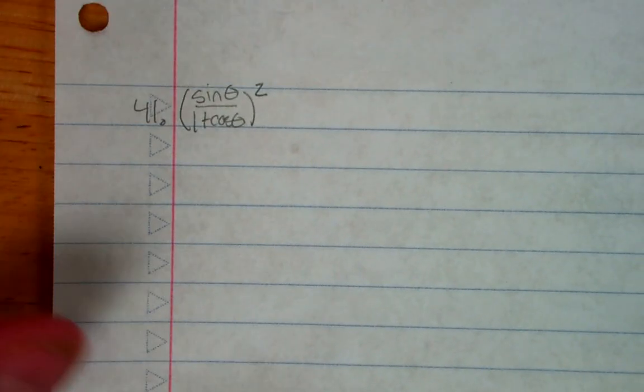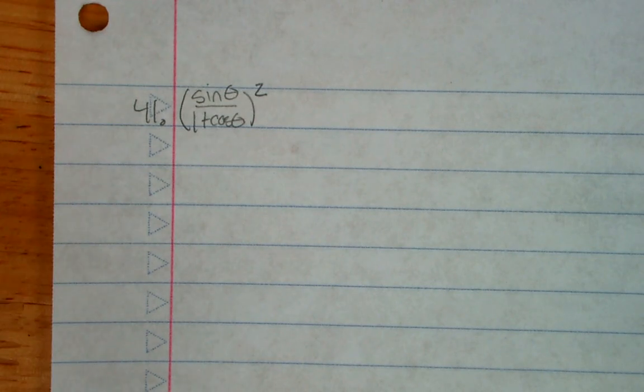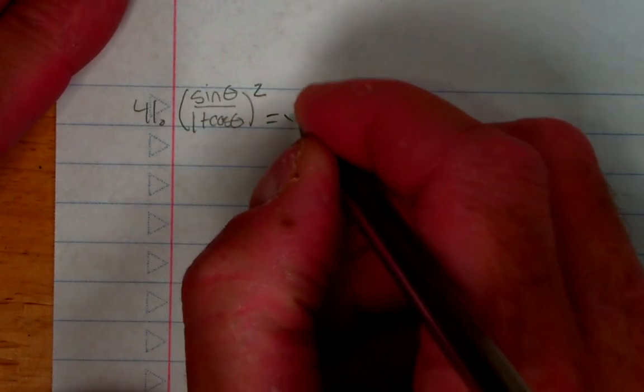Okay. So sine over 1 plus cosine. What rules are we going to use? Quotient rule and chain rule. Because I've got some blob squared. First thing I've got to do is take the derivative of that blob squared.